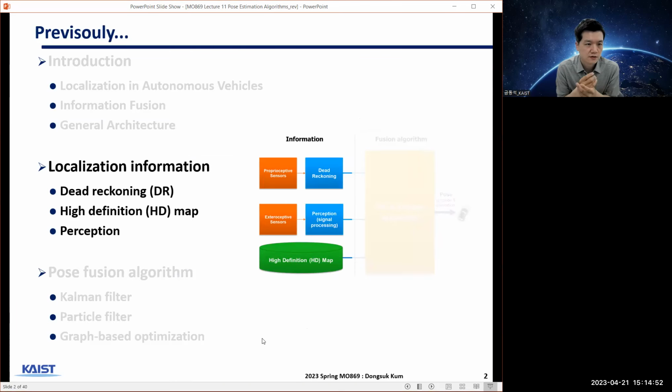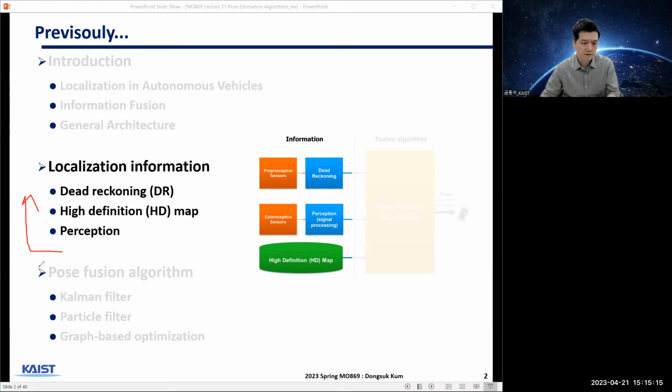So previously we covered up to localization information, and then, just 1 second. So previously we covered up to here.